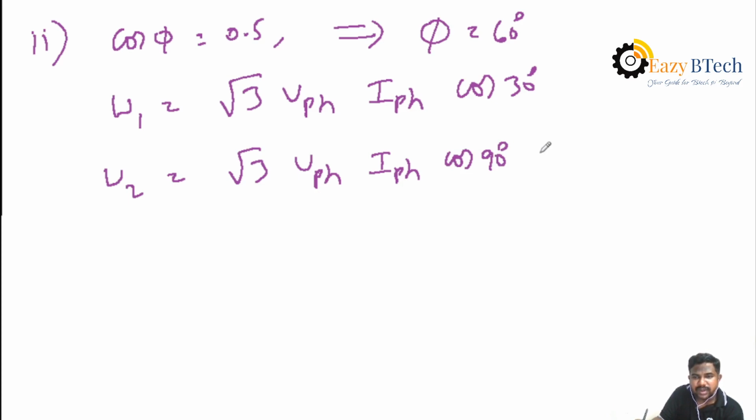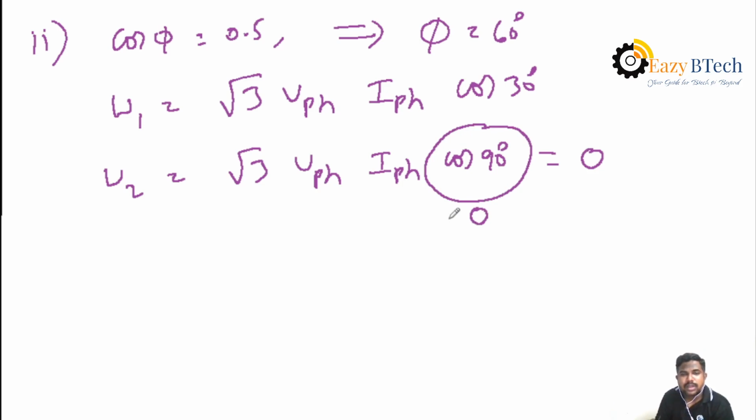You know the value of cos 90 is 0. That's why the reading of the W2 meter is 0 when the power factor is 0.5.